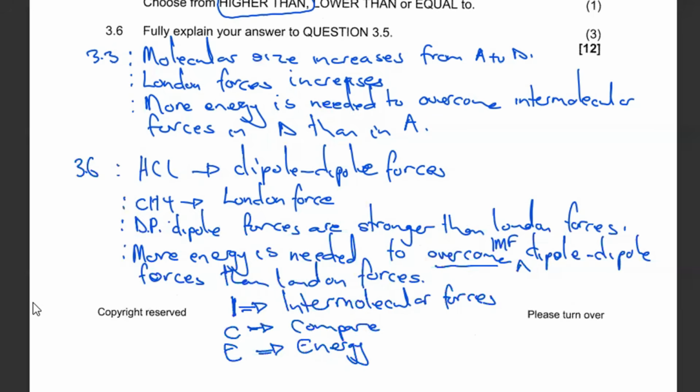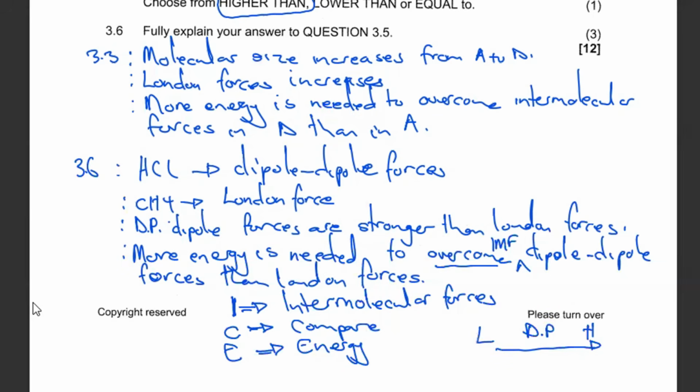In terms of their strength, we have the London forces, then the dipole forces, and at the end the hydrogen bond. So the London forces are the weakest, followed by dipole forces, and then hydrogen bonds are the strongest.